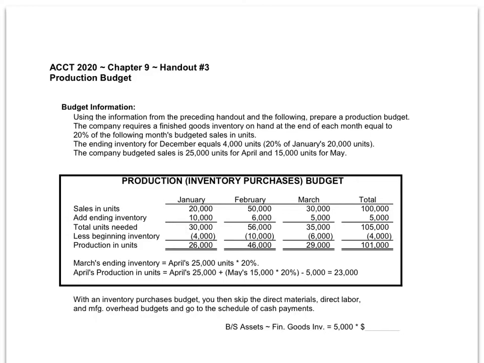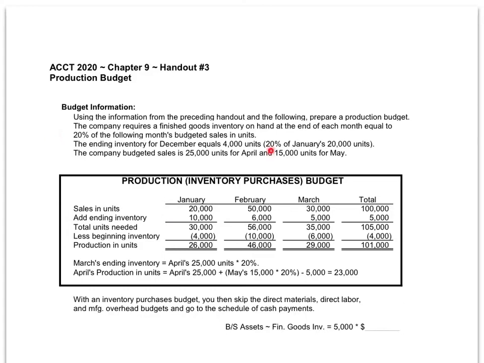Now, our beginning inventory would have been the same as our ending inventory from December. So let's look and see what was our desired ending inventory for December. Well, remember, we always want to have 20% of the following month's budgeted sales in units in our ending inventory.